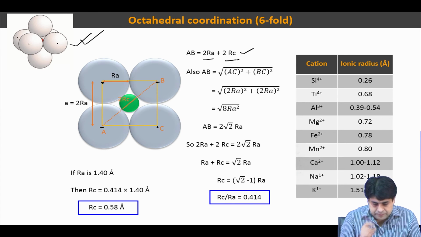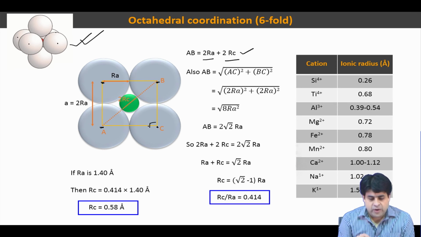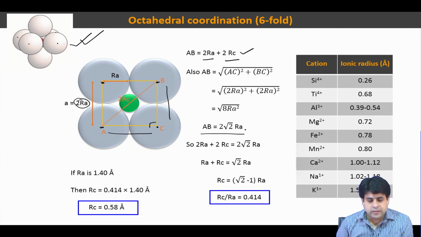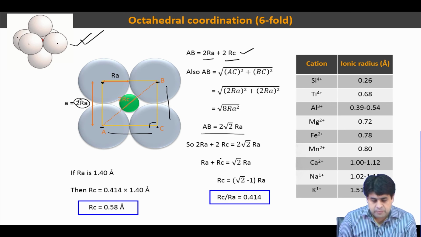And if you take this right angle, you can define AB as the square root of AC square plus BC square, and BC square is equivalent to 2RA squared, and AC squared is also 2RA squared. So, when you solve this, your AB will be 2 root 2 RA.